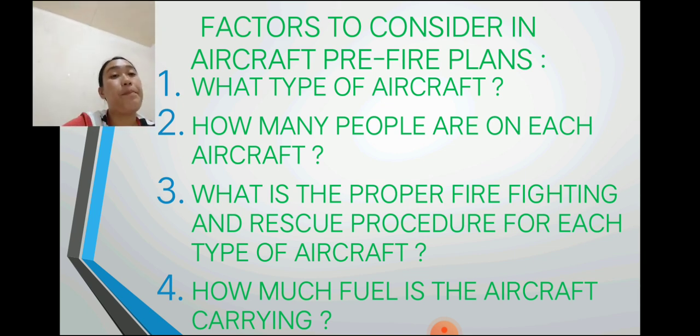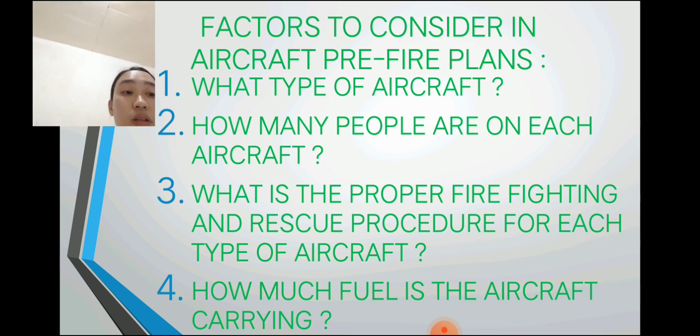Number 3, what is the proper firefighting and rescue procedure for each type of aircraft? The best source of firefighting and rescue procedures is the aircraft itself and its directive, which provide the characteristics and information about a particular aircraft that must be included in pre-fire plans.